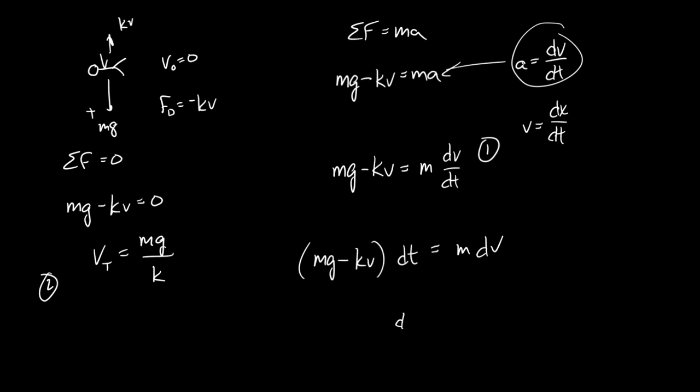So that's going to be dt equals m over mg minus kv dv. These are the next steps. This is known as splitting the differential. And yeah, this is just algebra. Now, once you get here, yeah, you're probably done.